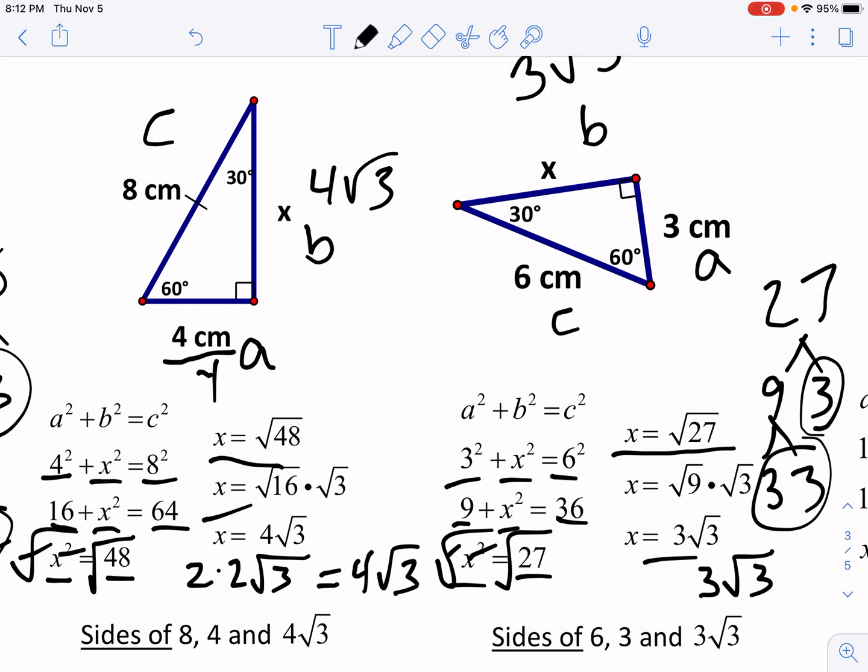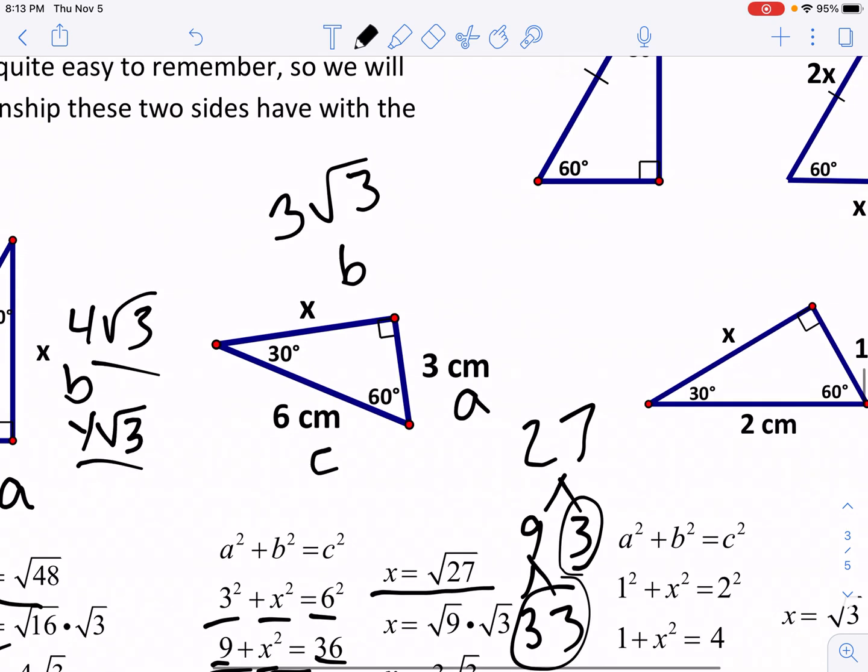So in a sense, this would be 2y, okay? 8 is double of 4. Now, what's the relationship between 4 and this side? Well, it's just 4 times the square root of 3. So if we think about it in terms of y, this would be y square root of 3. So whatever this guy is, this guy was times 2, this guy was times the square root of 3.